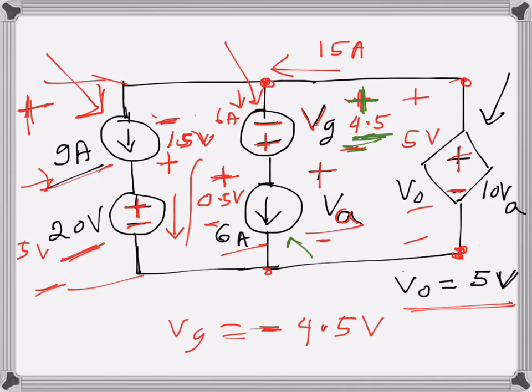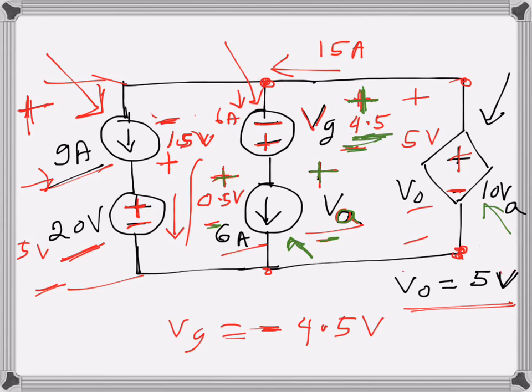Then this current source, which is 6 amps, and the voltage drop is like that, 0.5. This polarity was actually given in this direction, because this is the control voltage of this dependent voltage source. So the polarity was given as this one in the question.